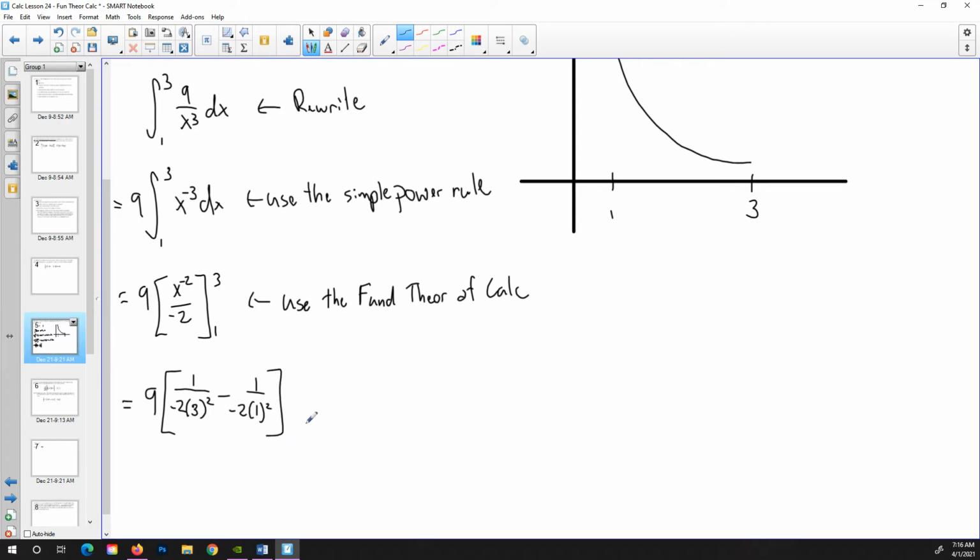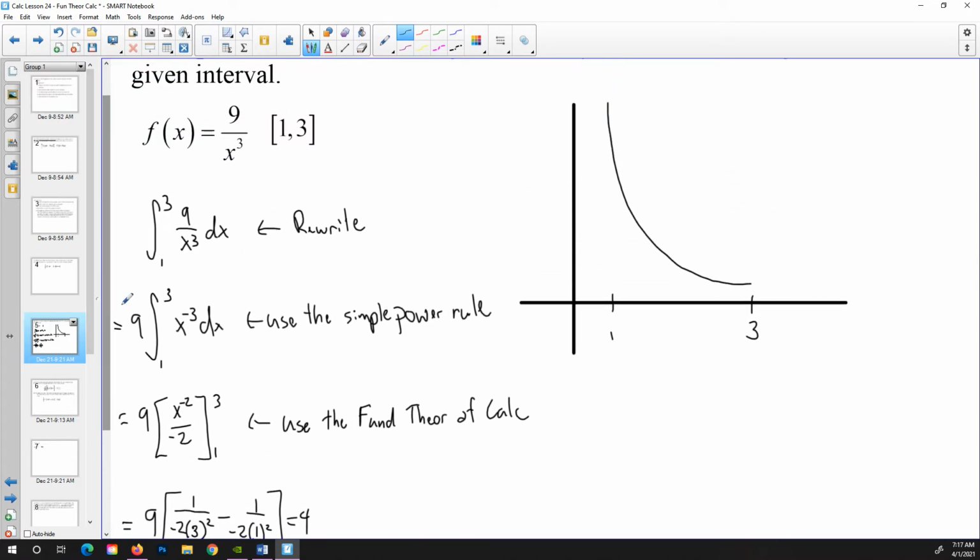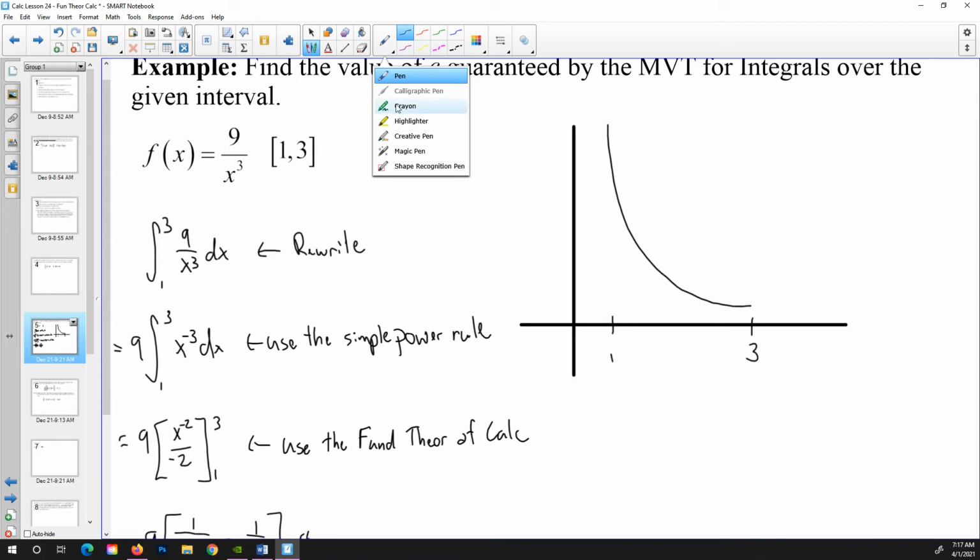And if I make that calculation, I get 4. Now, what does that 4 represent? That 4 represents this area right here.